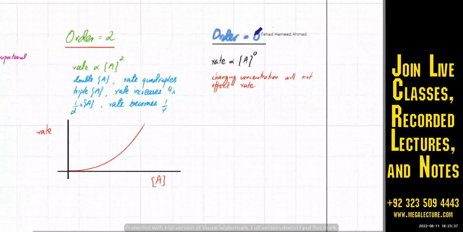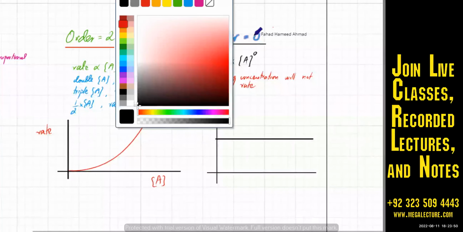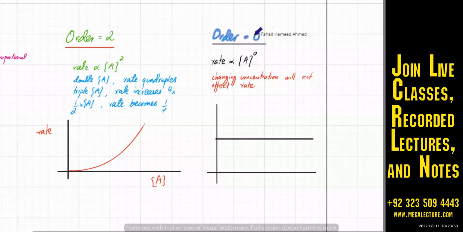And the last one over here is 0. That means nothing will happen to the rate no matter what you do to the concentration of A. So rate will be constant. It's going to be a straight line. There'll be no change on the rate of the reaction.